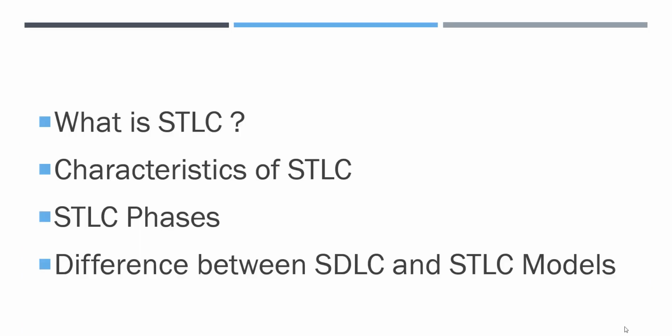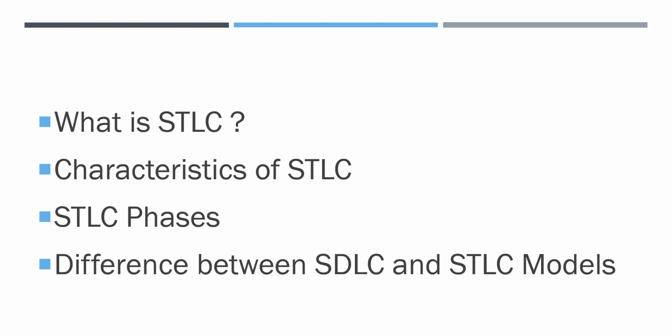In this video, we are going to discuss what is STLC, what are the characteristics of STLC, what are the STLC phases, and what is the difference between the SDLC and STLC models. STLC, or Software Testing Lifecycle, is a standardized, step-by-step process. It is a part of the Software Development Lifecycle.